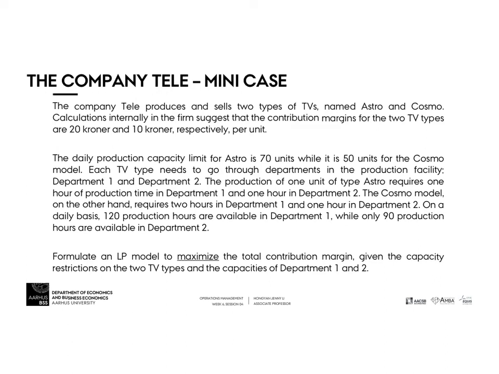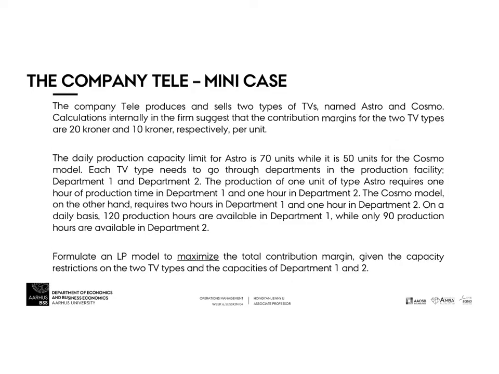So we use a small case to show how we can formulate a linear programming model, and there's a fixed 4-step method. Before we start to model this problem, we try to understand this specific case by identifying all the parameters.